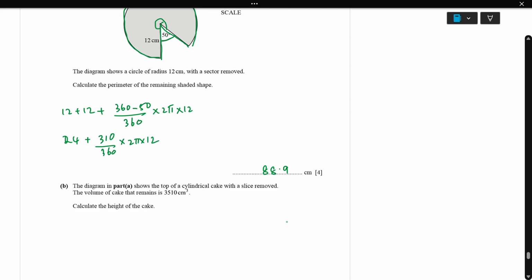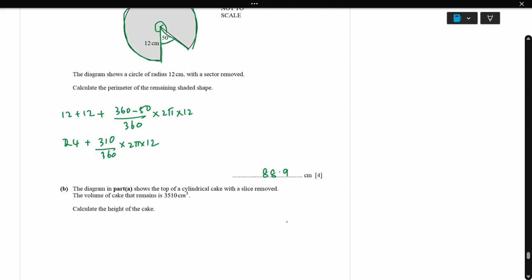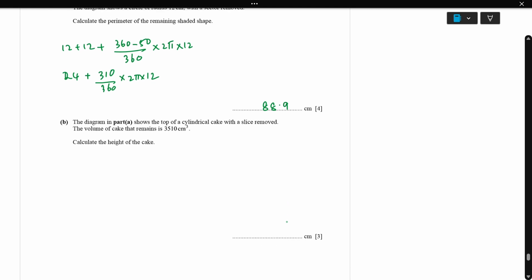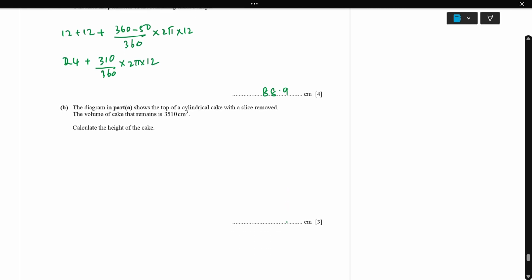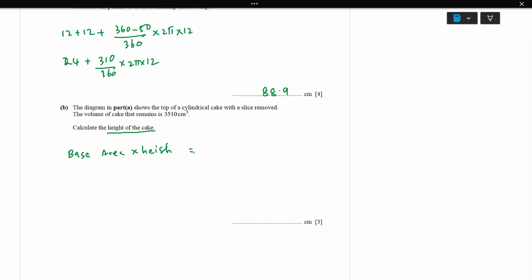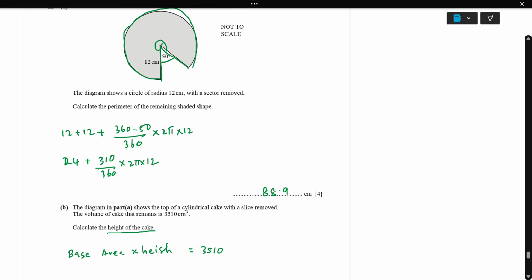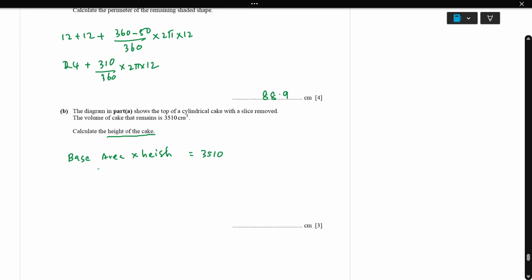The next question, the diagram of part 1 shows a cylinder, a cake. A slice is removed, and the volume of the cake that remains is given. So now one piece is removed, the rest is going to be the cake. We need to find the height of the cake. We know the volume formula: base area times height equals the volume. The volume is given, 3510. The base area: here 50 degrees is removed, which leaves 310.